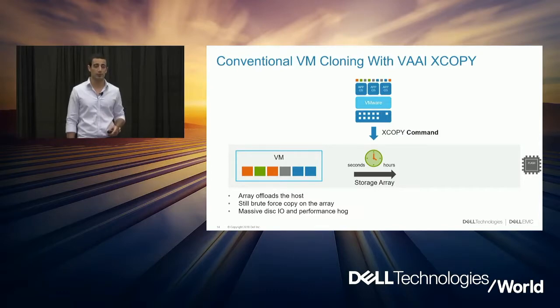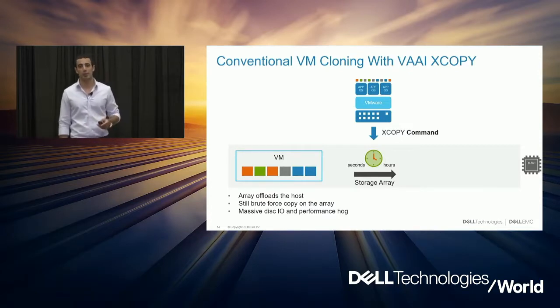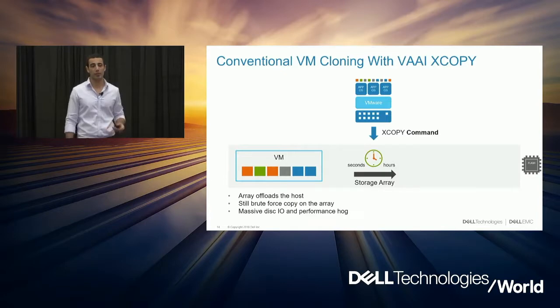By this, the ESXi host reduces the memory and CPU load as well as the load on the HBA card, but actually it's just moving this heavy operation from the ESXi host to the storage array.